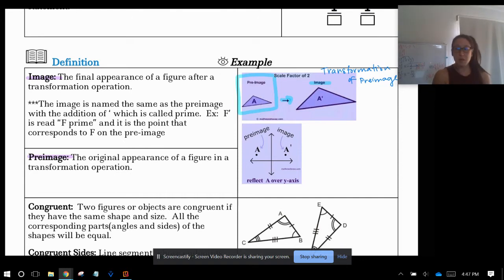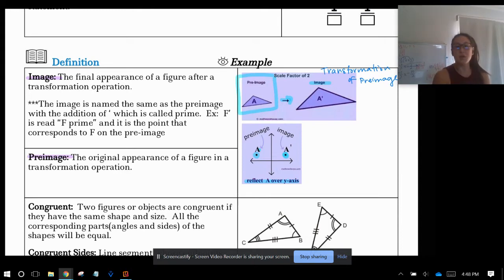So we can apply this to shapes or points on a graph. So the original point that was graphed was the point A, and then the image shape that was graphed or transformed, we reflected it over the y-axis to graph in a new location on the coordinate plane.